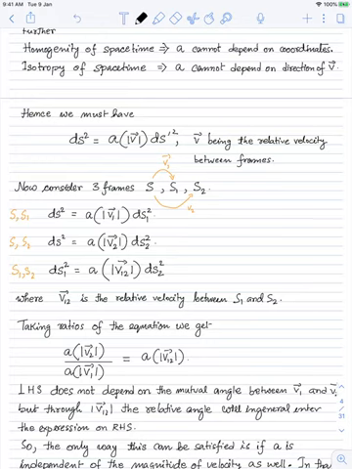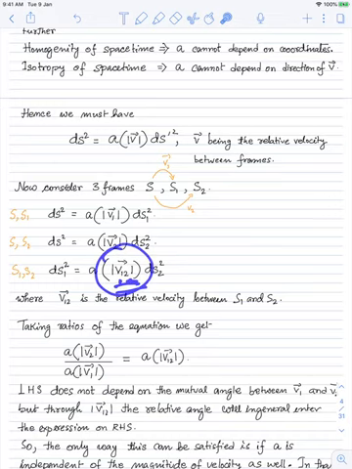between S1 and S2. Now, what that relative velocity is, or what the rules for addition are, we don't know. But this is definitely going to depend on the relative angle between V1 and V2.